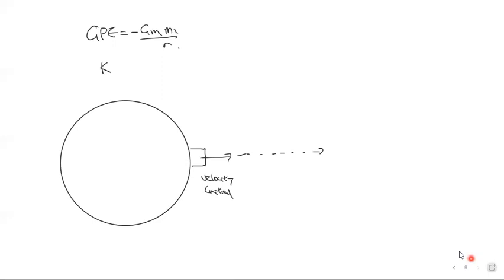which means we're giving it kinetic energy, which we know is half mv squared. As we discussed, we want the object not to come back. That means you need the total energy to be positive, and that's basically how you derive escape velocity.